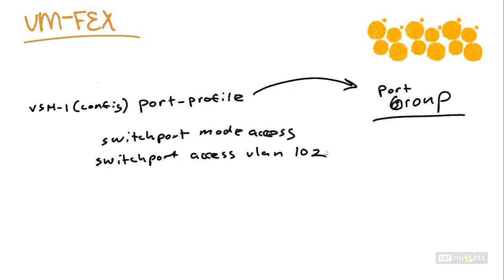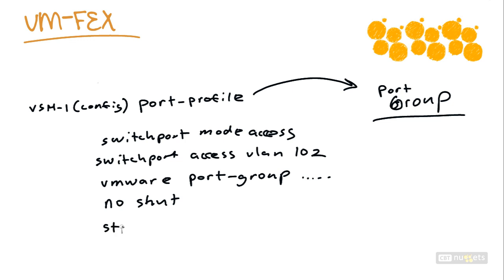We can set the VMware port group name. By default, we typically would just set it the same, right? And that would be done with the command vmware port-group. You end up no shutting this thing, and then you enable its state.